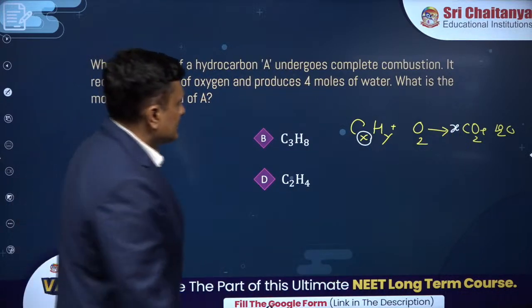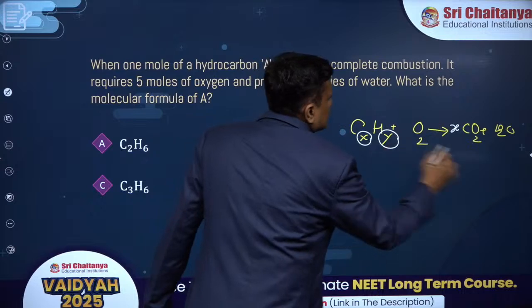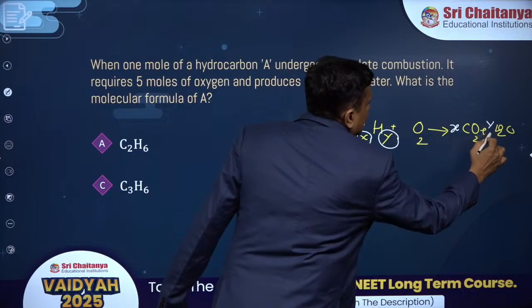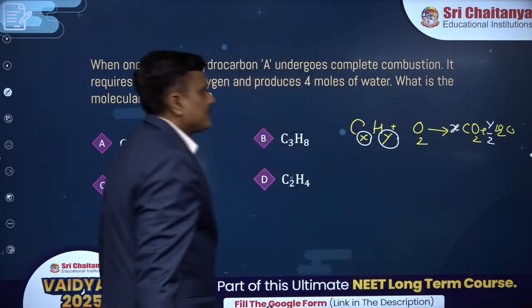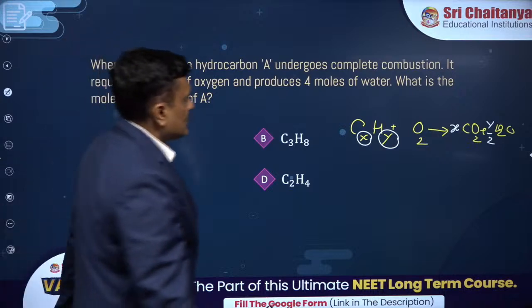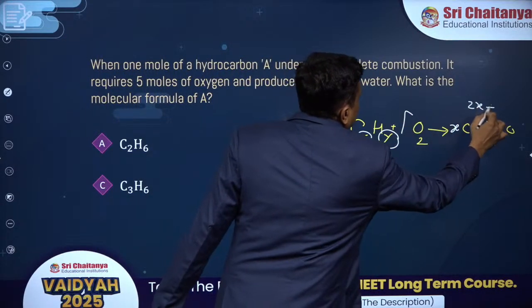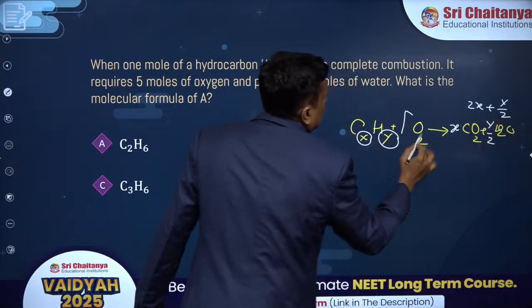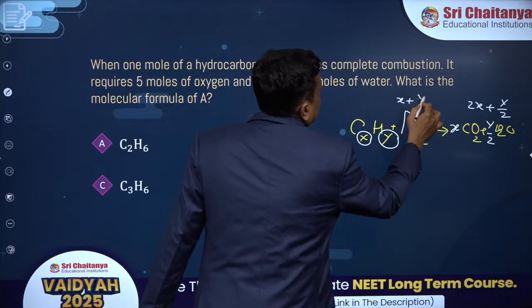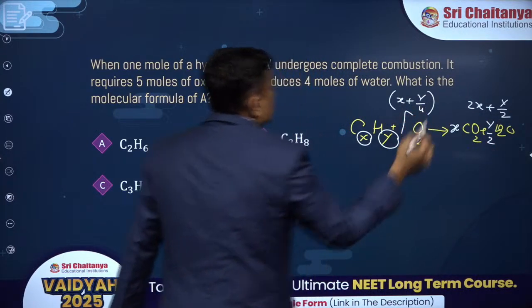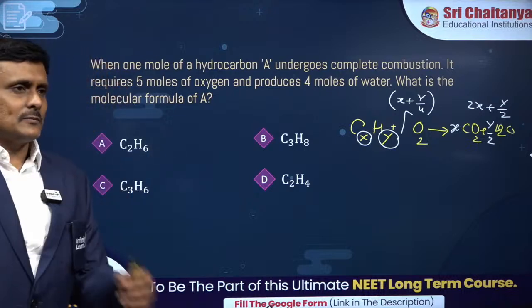There are y moles of hydrogen here, 2 hydrogens here, so I will write y by 2. Oxygens are how many? 2x plus y by 2. So you have already 2 here, so x plus y by 4. That's all. First you have to balance it.